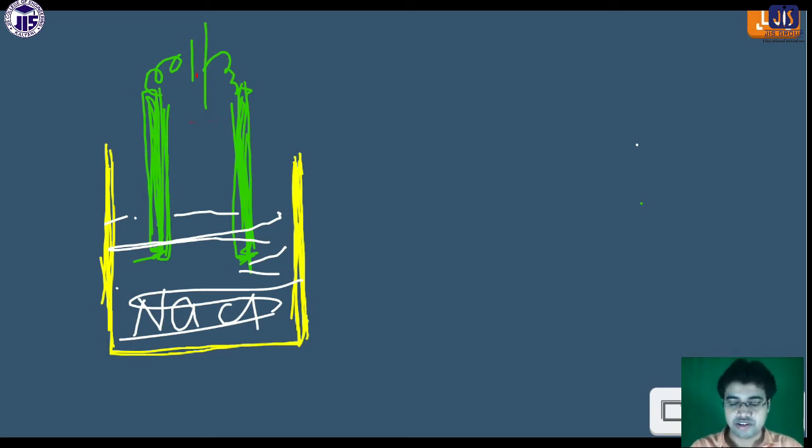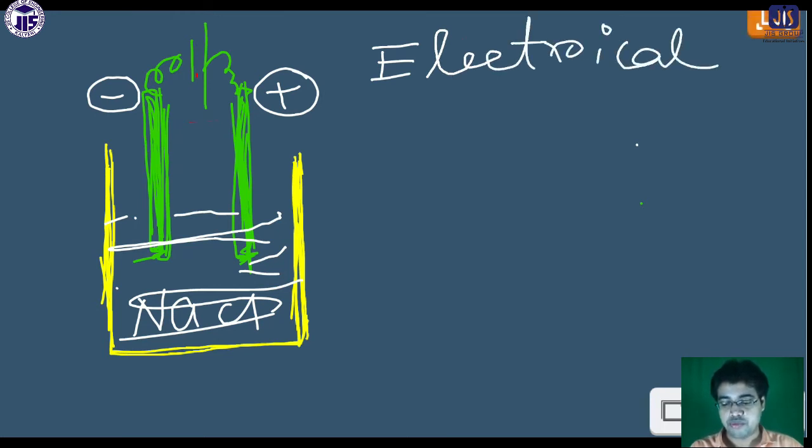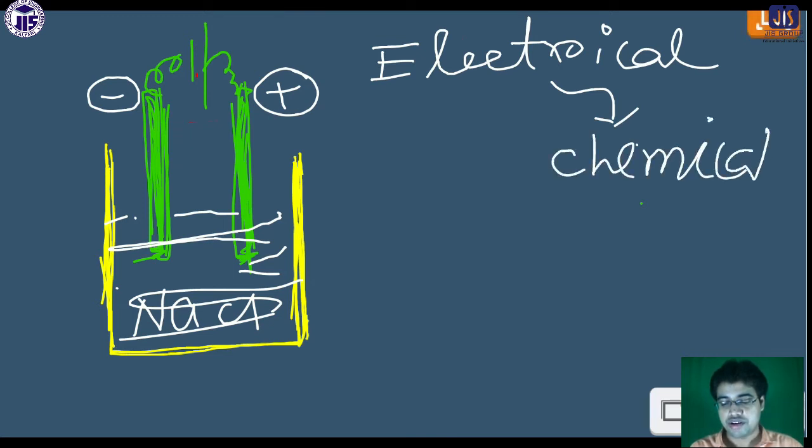If you connect the battery, there will be two sides, one negative electrode and one positive electrode, because in an electrolytic cell, by definition, electrical energy is converted to chemical energy.